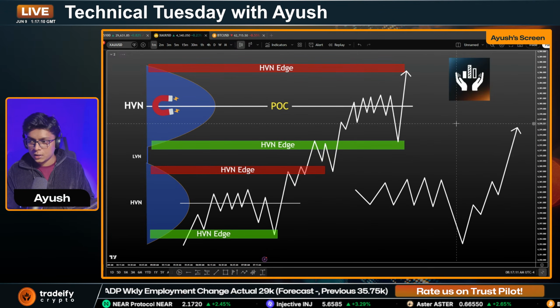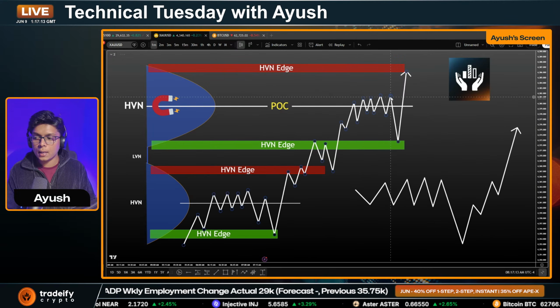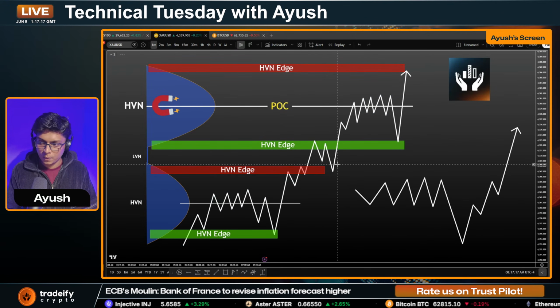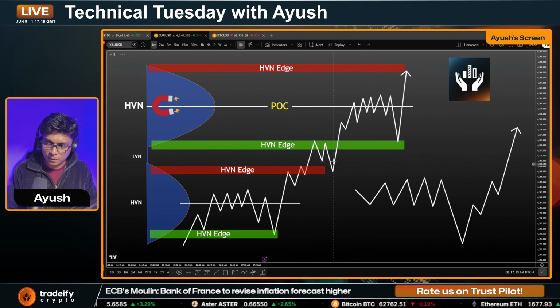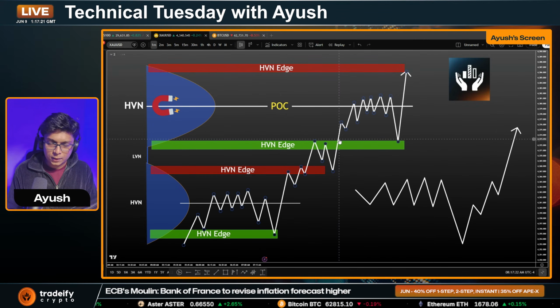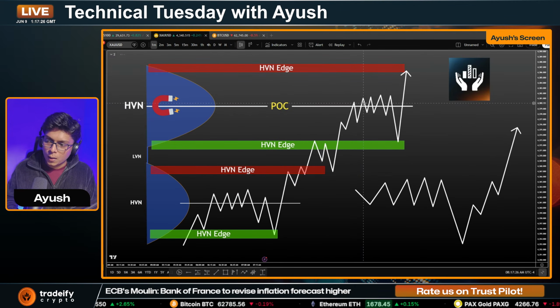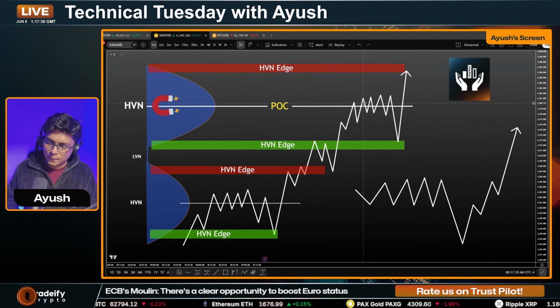So this high volume node is going to act as magnet if buyers are buying, or maybe the aggressive buyers are buying and the passive buyers are helping this price to go higher. So that's where we see our trade getting filled really easily.